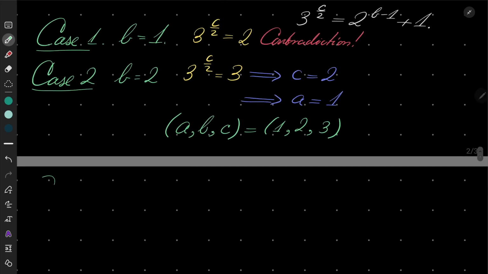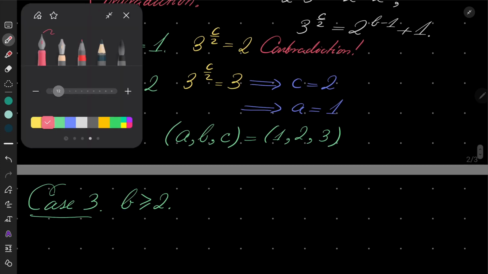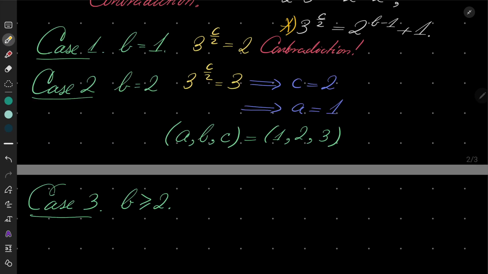Case number 3. The general case, b is greater than or equal to 3. Once again, let's take this equation, which I marked asterisk, and let's reduce it modulo 4.